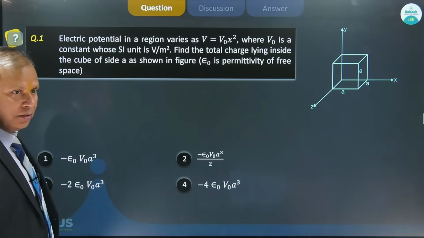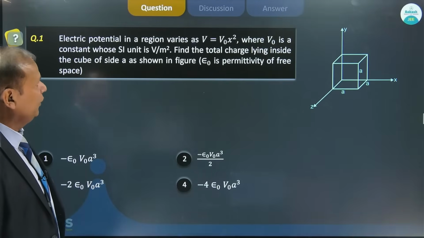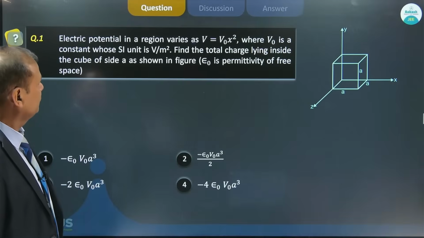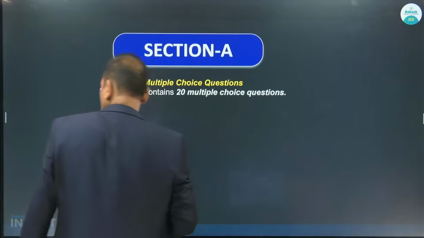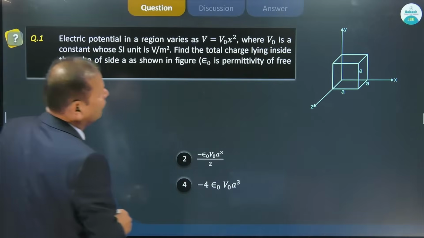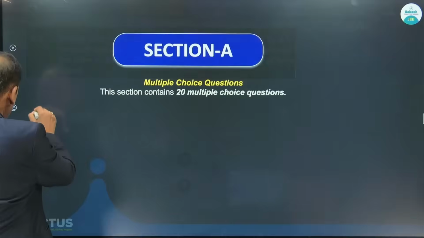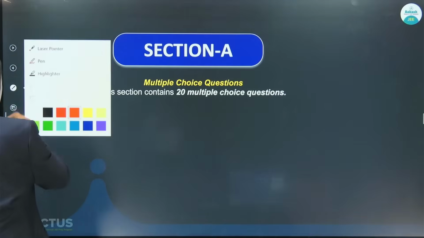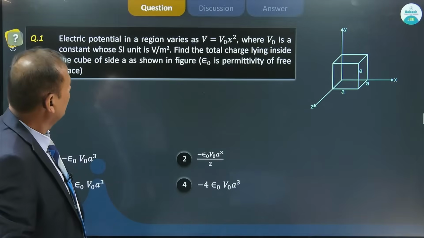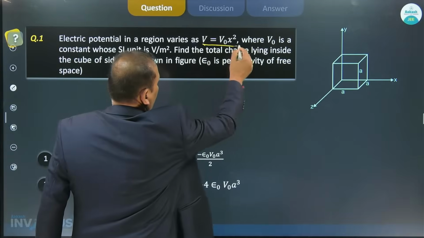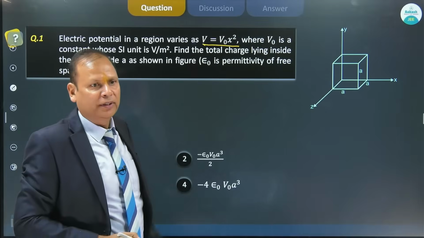Look at this question, बच्चों. Electric potential in a region varies as V = V naught x square. So clearly you can see potential is varying in the x direction only.